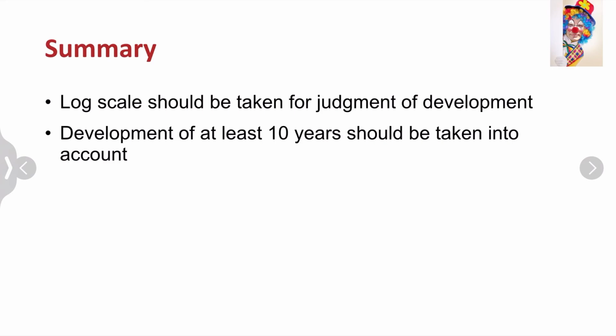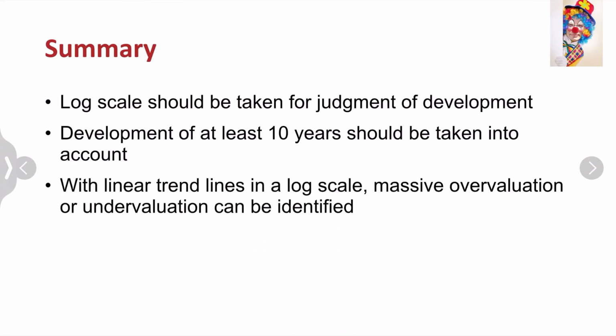They usually last 4, 5, 6 years, maybe even more. And if you have a large time horizon, then with a linear trend line in this logarithmic scale, you can see massive overvaluations or also undervaluations, which can be identified. Now we saw this in the graphs.